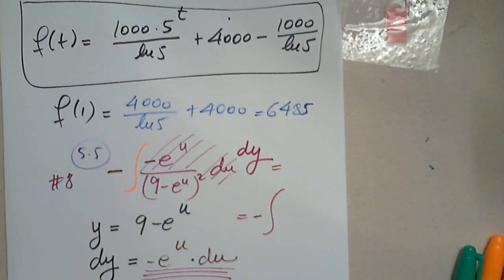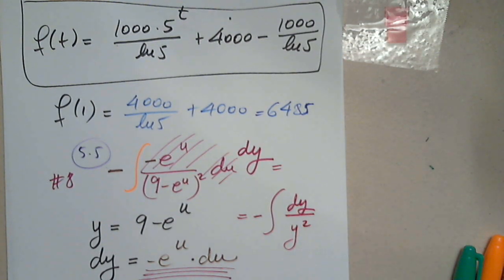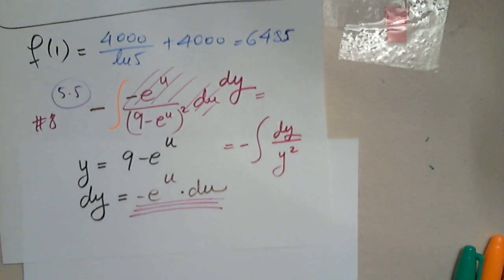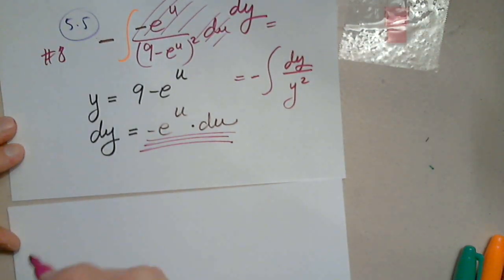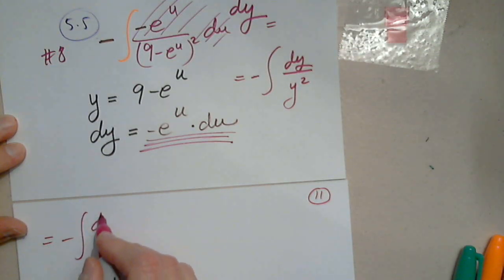We have the indefinite integral. And what do I write? What is this now? All this is dy. And what is this denominator? So dy over y squared. Excellent. Very good. So now I'm going to copy it because I ran out of room like I always do, almost. So it's negative the integral of dy over y squared.